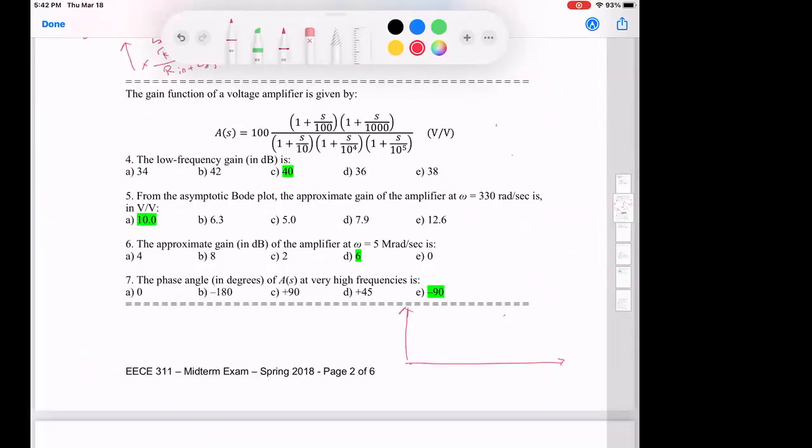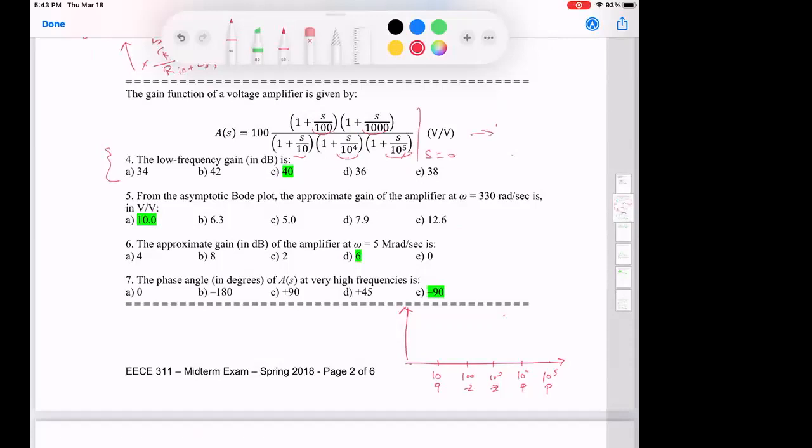I have a pole at 10, 2 zeros, 100 and 1,000, then a pole at 10 to the 4 and another pole at 10 to the 5. So we start at 10 with P, at 100 Z, at 10 to the 3 another Z, then 10 to the 4, then 10 to the 5, another pole. And the first question he asked me is, what is the low frequency gain in dB?